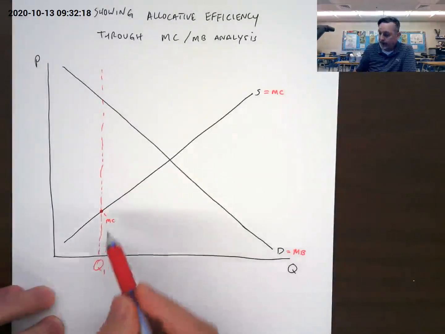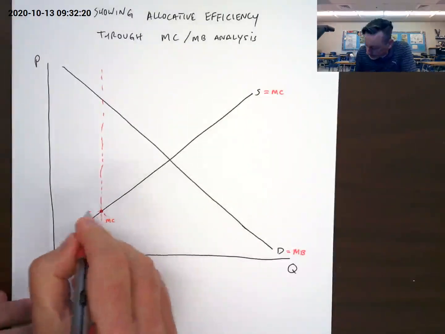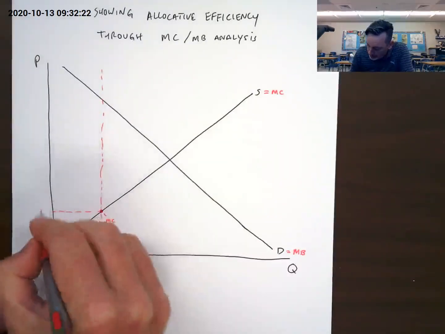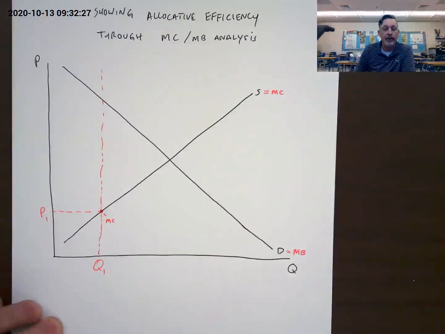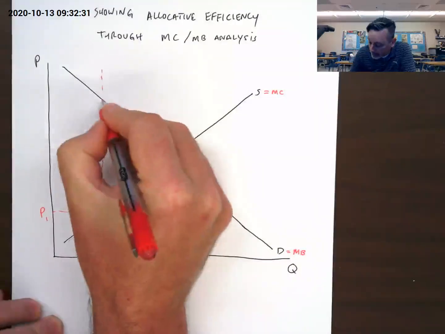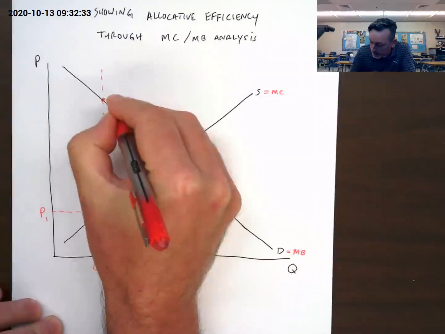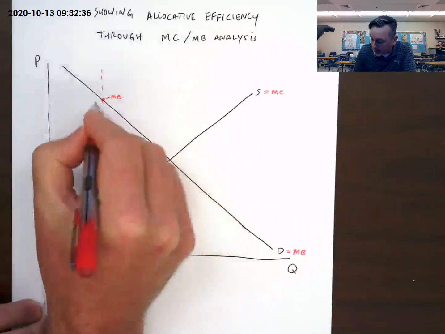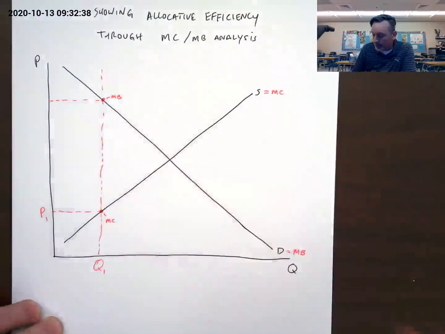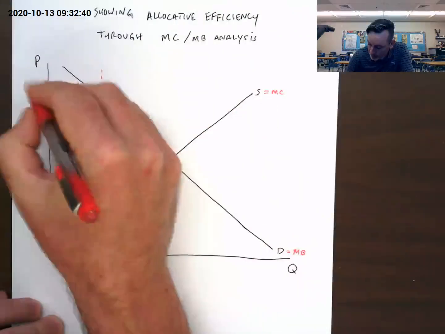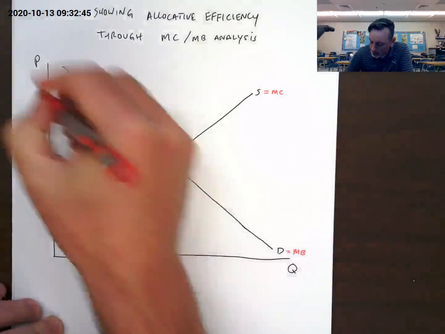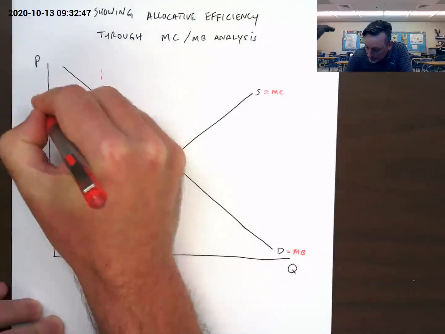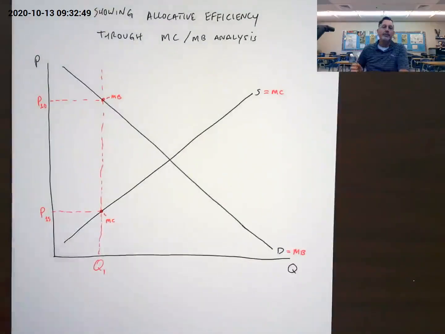So what that means is at Q1, it costs that much to make that product to the producer. And right here at Q1 is where I hit my marginal benefit curve, okay? So we could call that P1 for the supplier. And right here would be P1 for the demander, okay?